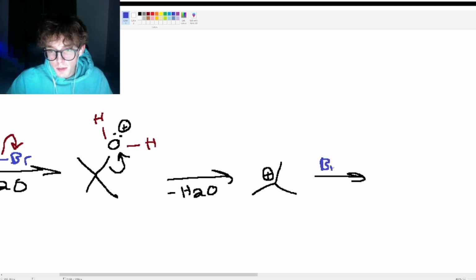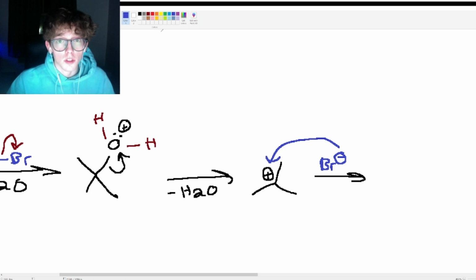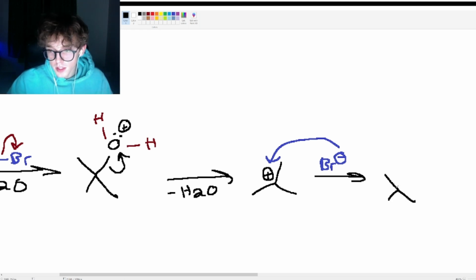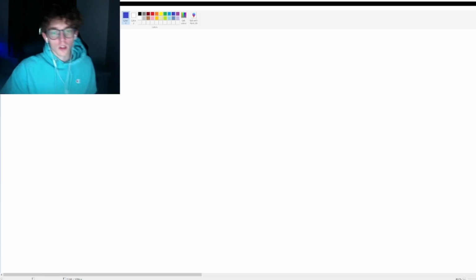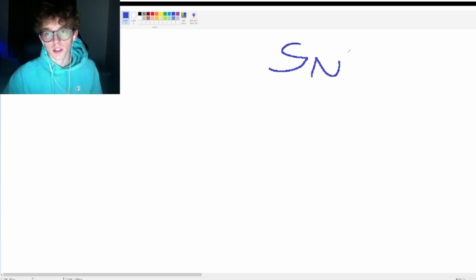For SN1, remember, it's a unimolecular process, not a bimolecular one. So that leaving group actually leaves first without that kind of initiation from bromine. And then we're left with, in this case, a tertiary halide.